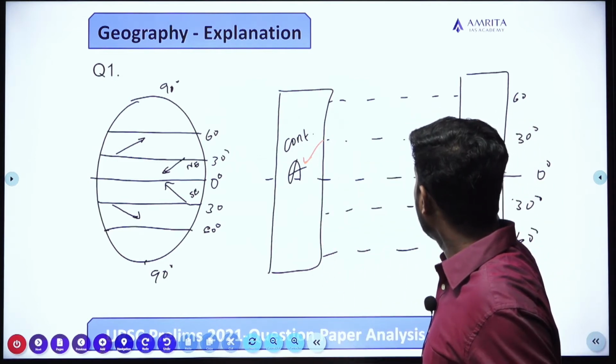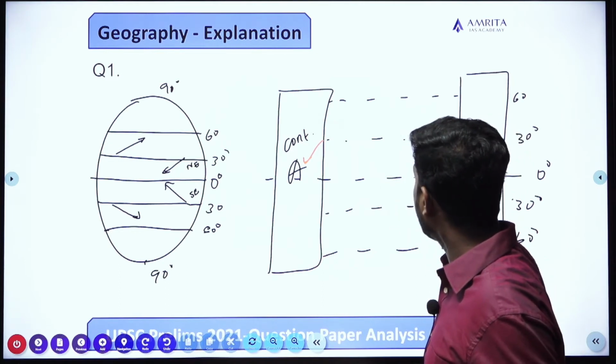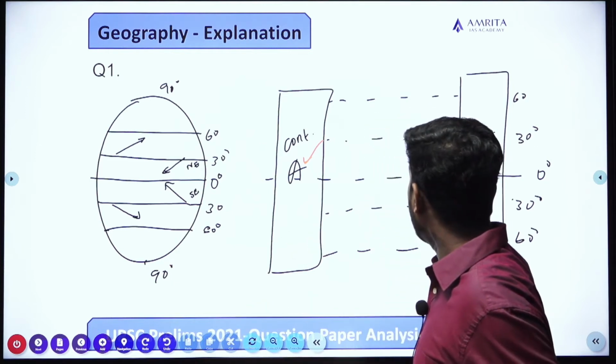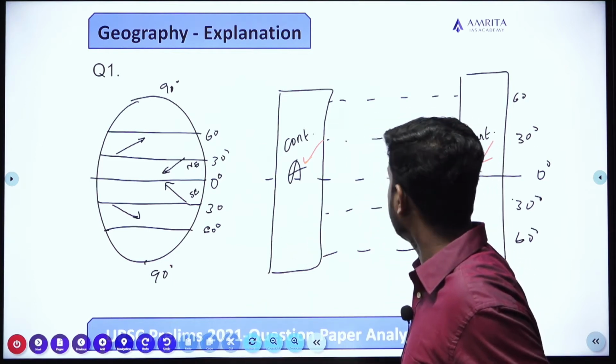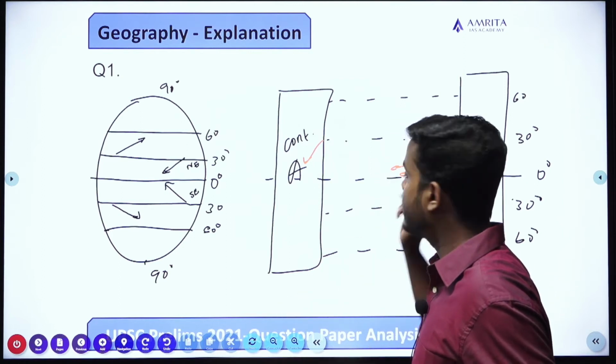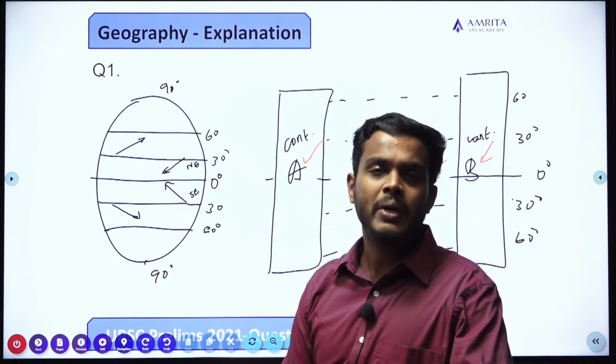The wind will pull away the water in this part of the ocean towards the equator. So there is a movement of ocean water like this. This water movement results in the formation of our warm equatorial current.